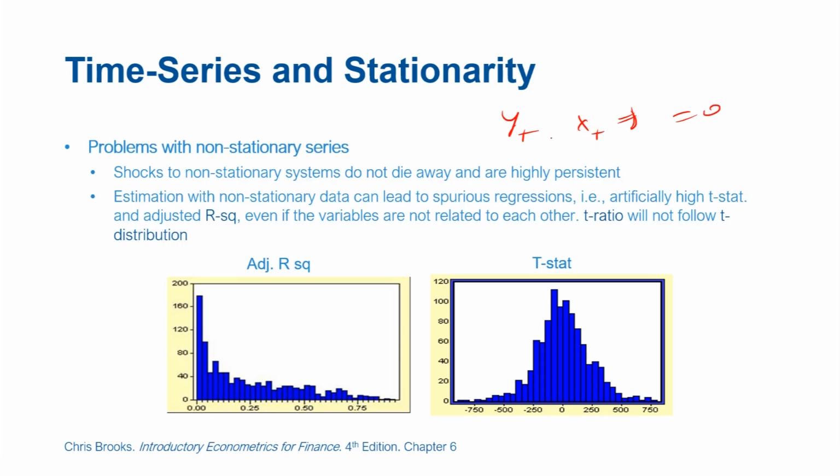However, when you run the regression of these two, yt and xt, even though they are random, if they are non-stationary and you sample certain time periods, let's say t1 to tn or tn plus 1 to tm, and plot the t statistic or adjusted R square, which is a measure of the statistical strength of this relationship, you'll find a rather high value of adjusted R square. Ideally, it should have been very small, maybe even 0. But when you sample these processes maybe 1000 times or 500 times and plot them, this kind of adjusted R square measure will appear.